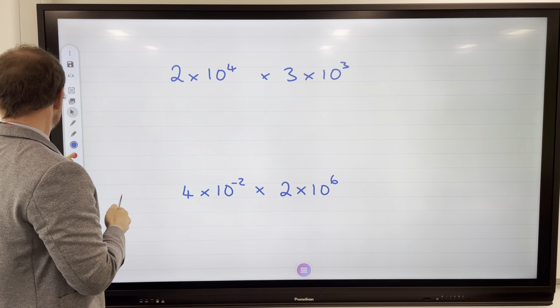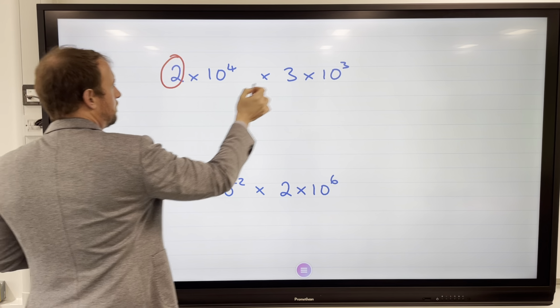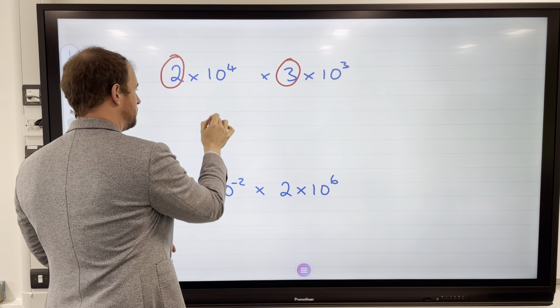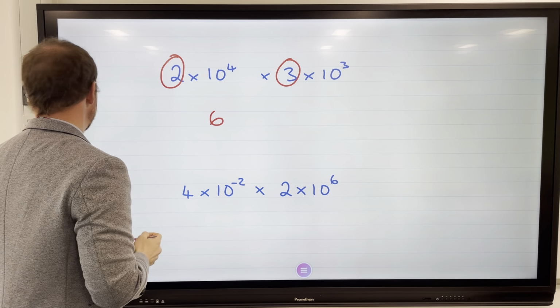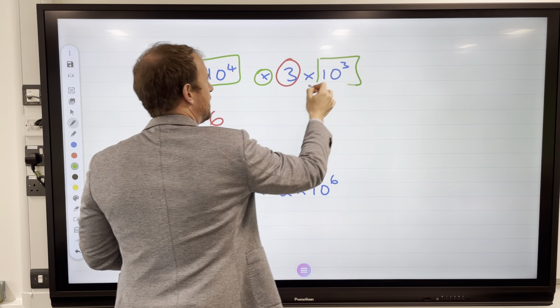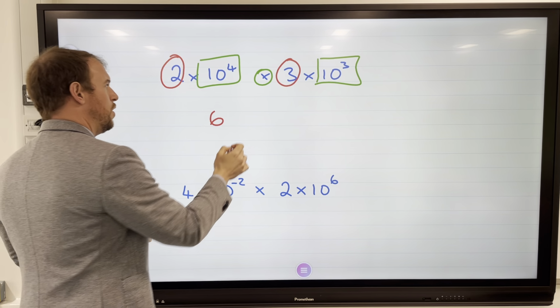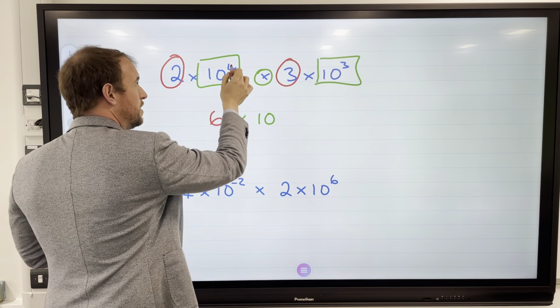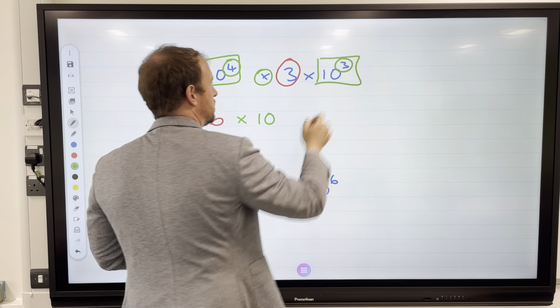So what we're going to do is multiply our numbers. So 2 times 3 is 6. Then we've got 10 to the power of 4 times 10 to the power of 3. Now, when we are multiplying, there's something we have to do to the powers.